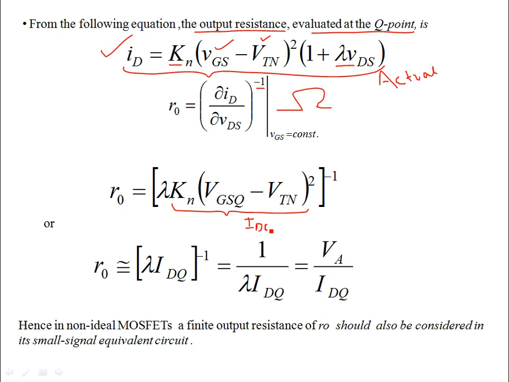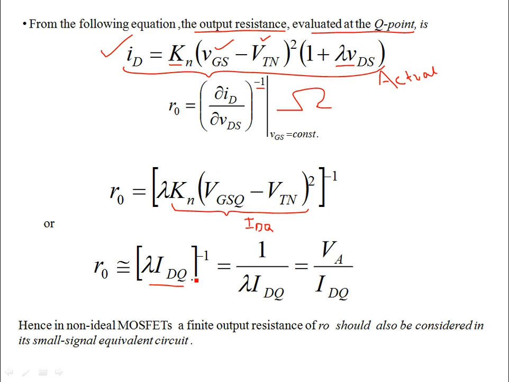So let's call this current IDQ, and the Q point, let's say, is in the saturation region. It just means this is the drain to source current, and this current is due to the biasing of the transistor. The transistor is in the saturation region. So this quantity can be expressed as lambda IDQ.